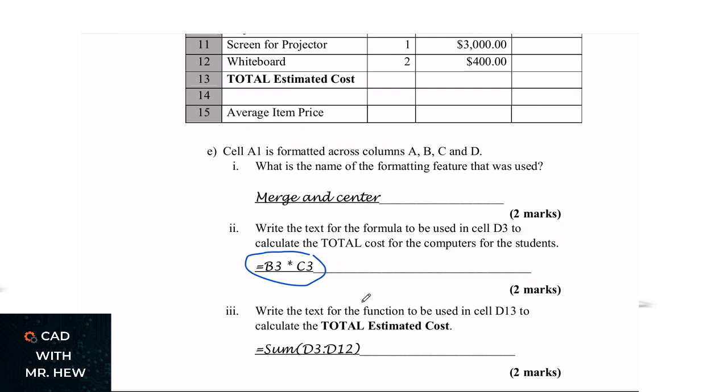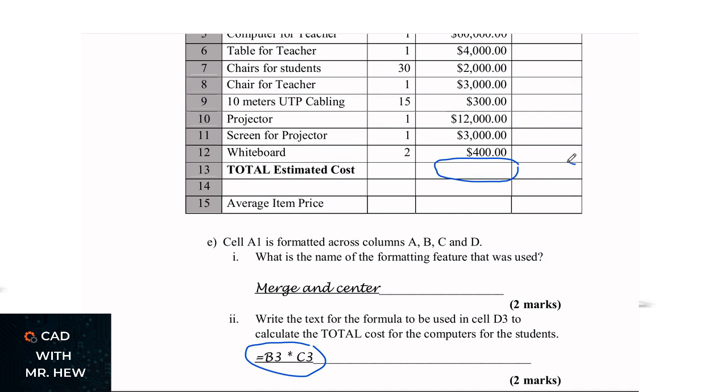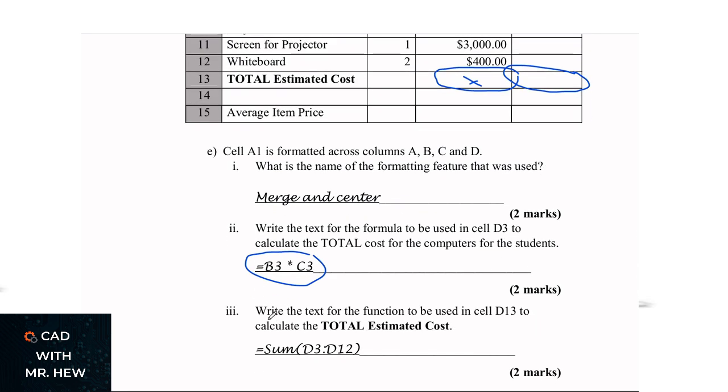All right. It says write the text for the function that will be used in cell D13, which will be here, not here, right? So in cell D13, the function that will be used to calculate the total estimated cost.